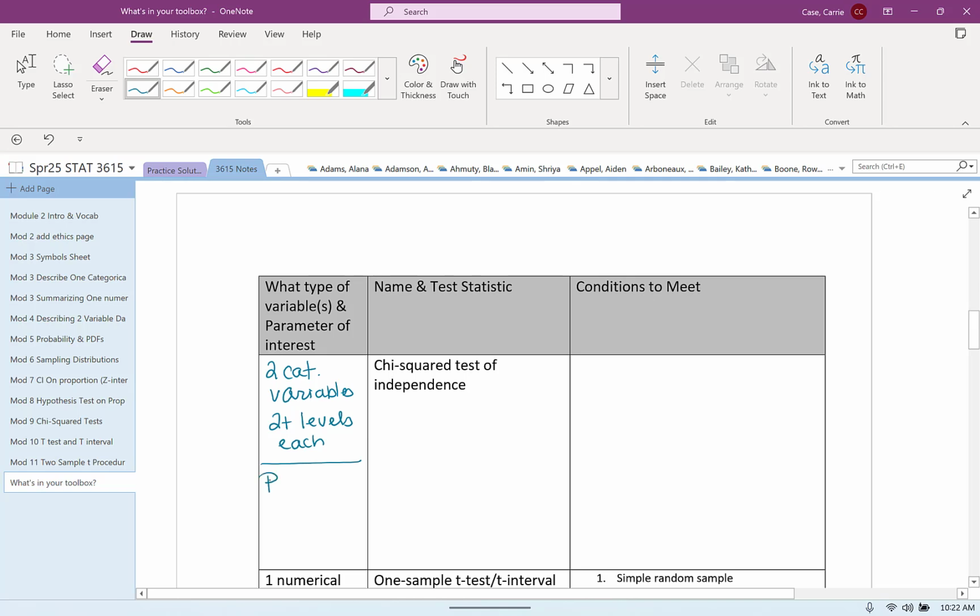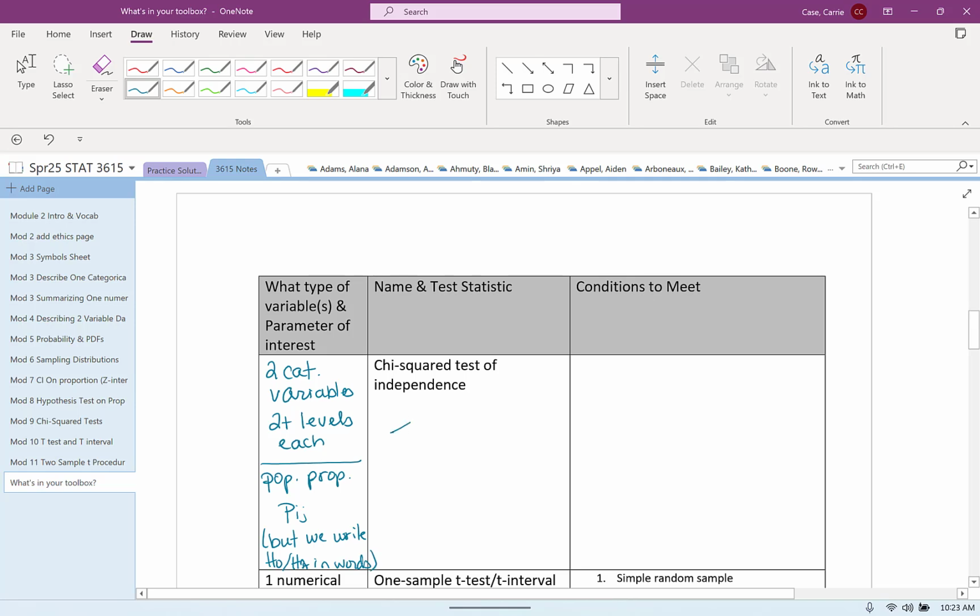And our population proportion Pij is really what we're using as our parameter of interest, but we write H0 and Ha in words for this one just because it's easier.